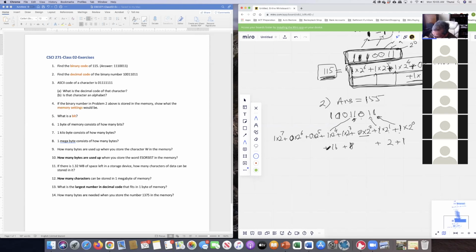And then this 2 to the 7 is 128. So the others are zeros. So now add up the 128, 16, 8, 2, 1. That gives you the 155. Okay, so 155 is the decimal code of this binary number. Any other question on that problem?